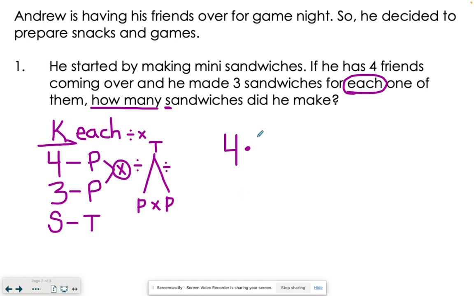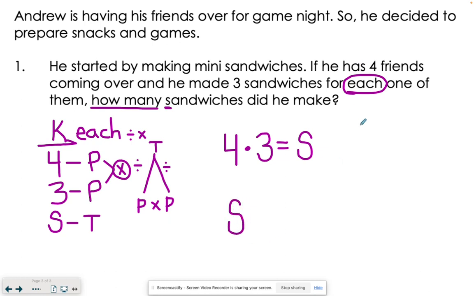And I have my 4 times 3 equals. Now this is where you would have put your answer in the past. Now we're going to put a variable. It's going to equal my S, my unknown at the moment. And now we can solve for this S.